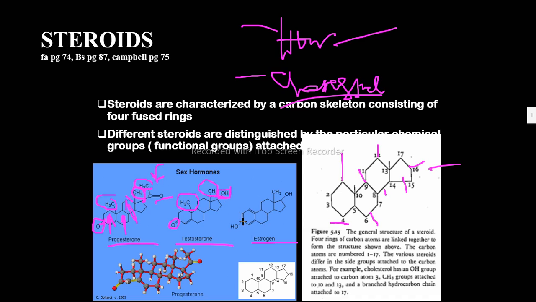And that so-called minor difference is enough to make these hormones different. This one is found in males, and this one is found in the females.